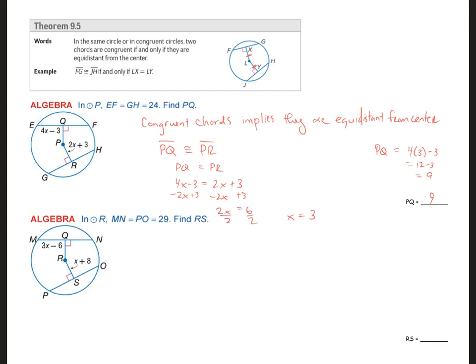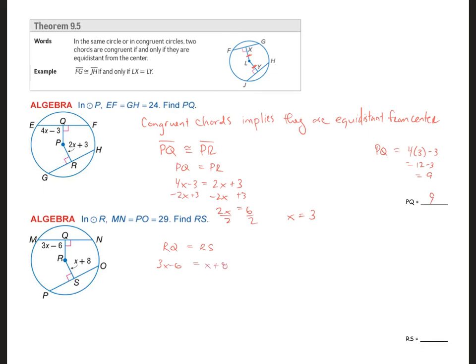Finally, very similar to what we had here in circle R, I know that MN is equal to PO, which equals 29. So if they're equal, again, I have congruent chords, which means they are equidistant from the center. So RQ will equal RS. RQ is 3x minus 6, and RS is x plus 8.